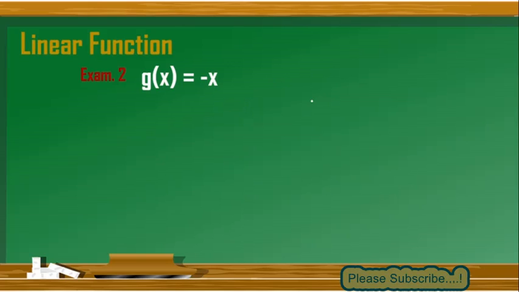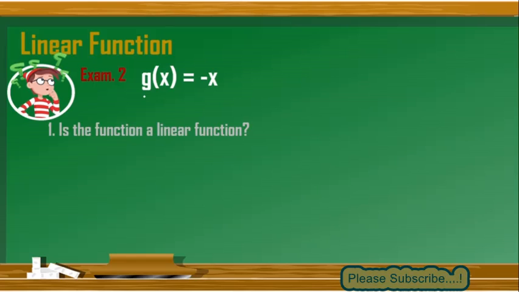Second example, g(x) = -x. As you can see, the name of our function is g. Any variable, any letter can be used as the name of your function. Is the function a linear function?